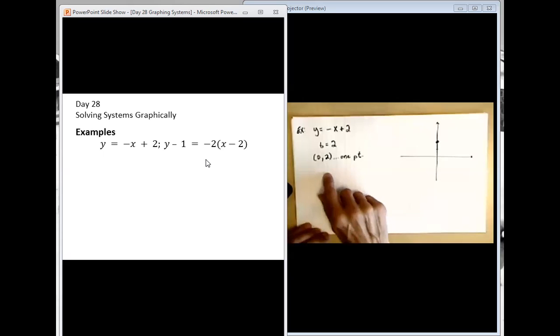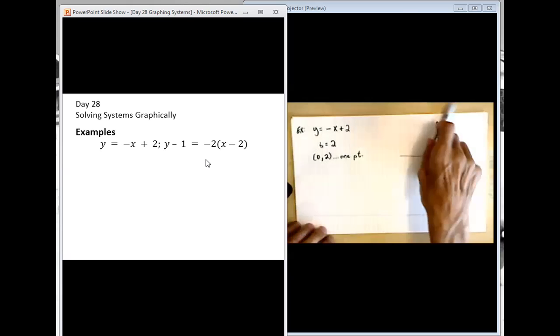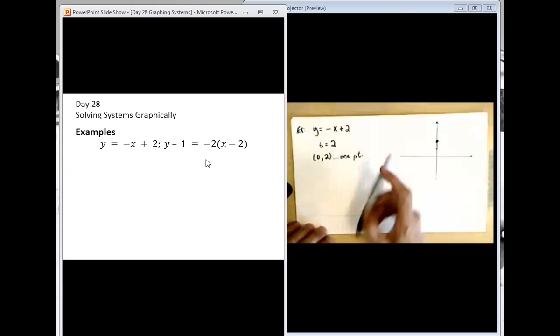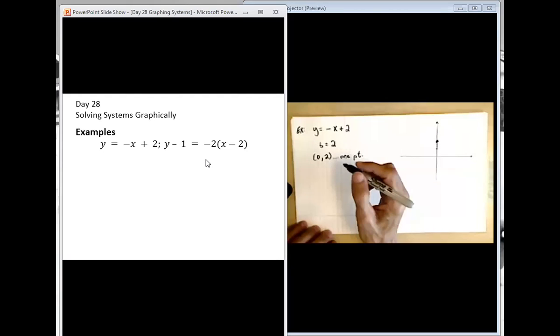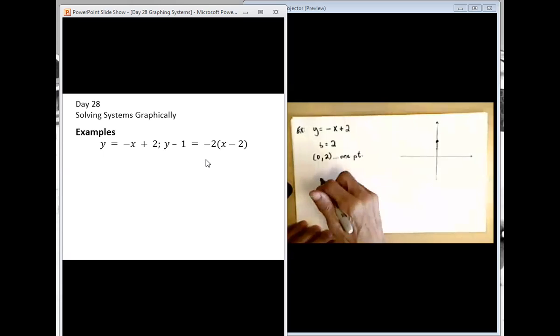Because we know the line goes through there, but we don't know where it goes. Up, down, left, right. We need a second point to lock it in place there. So how to get to that second point or how to find it?